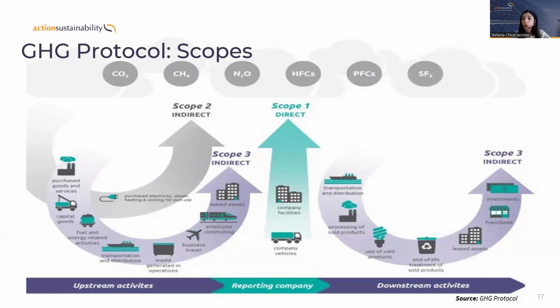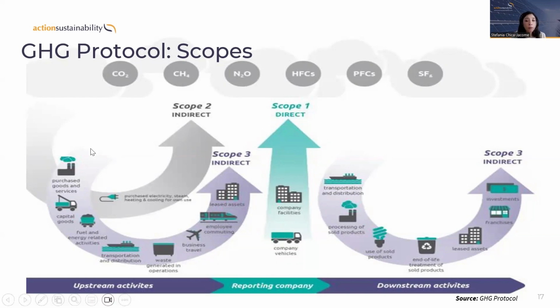Now, according to the Greenhouse Gas Protocol, there are 15 categories within Scope 3, and you can see them here in this graph. But not all of those categories are applicable to all organizations, okay? Just to mention a few examples of these categories.